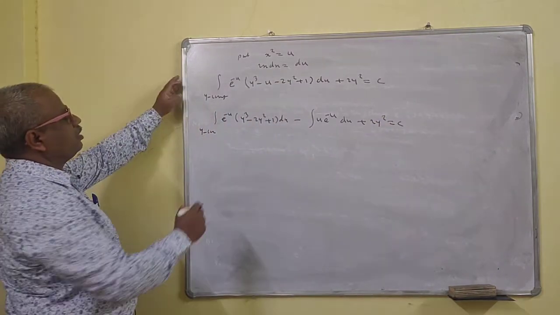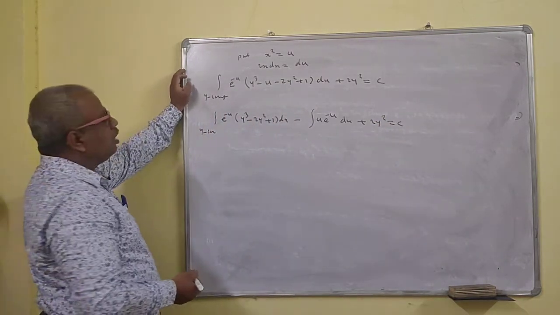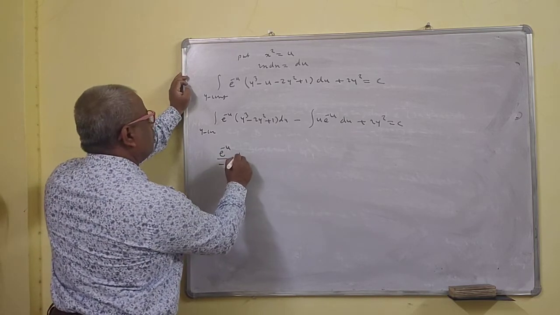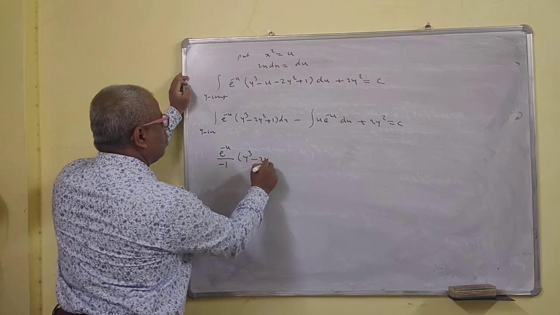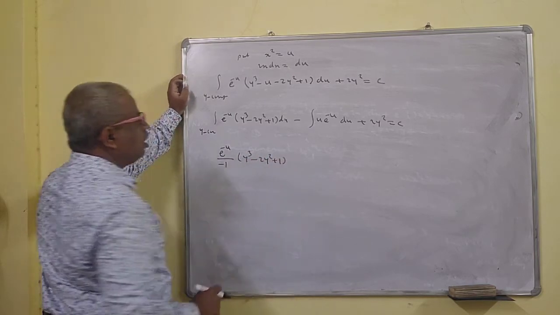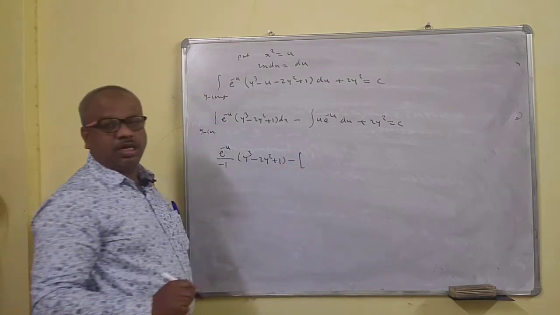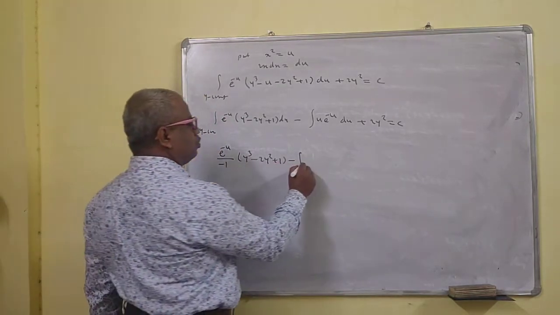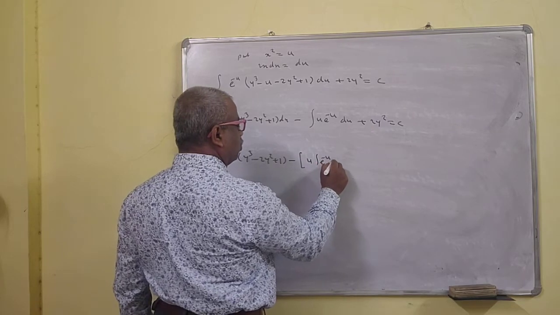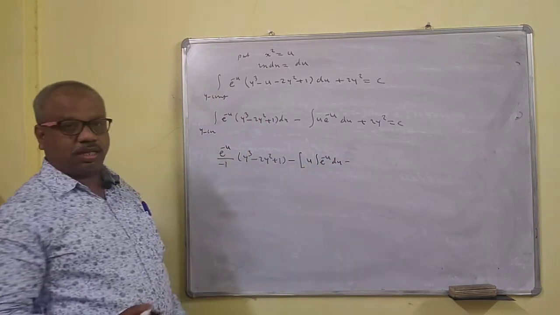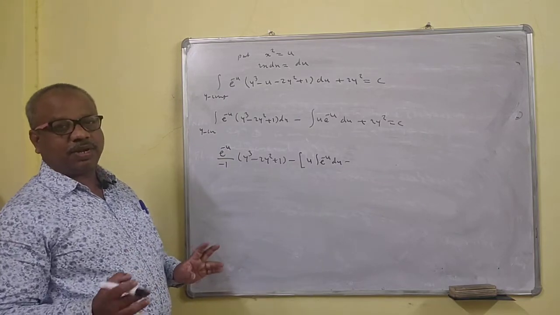Okay, now we'll integrate this. This is e raised to minus u, which is e raised to minus u upon minus 1, y cube minus twice y square plus 1. Okay, we have to integrate this. Here we have to use the y part. So u, integration of minus u du, minus, because the minus sign is here. I applied it because in the y part there are two terms.